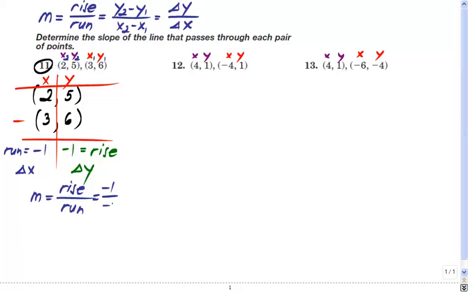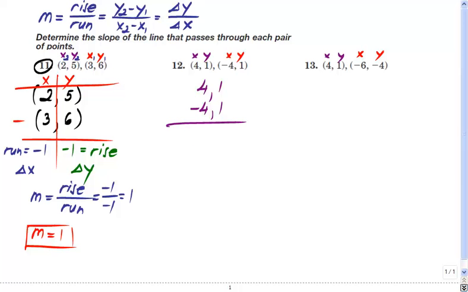Run, negative 1, which means your slope for this problem is going to be 1. That's the answer. Slope equals 1. And we're done with the first one. Follow the same approach for the next problem. First point, 4 and 1. Second point, negative 4 and 1.